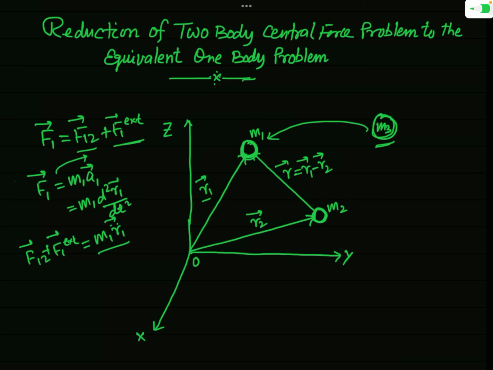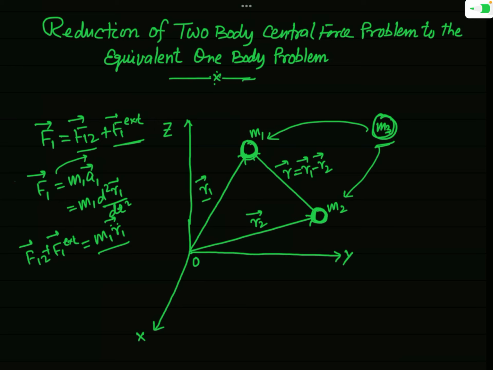When we consider the motion of M2, it will also experience two forces. The first force will be due to M1 and another will be due to M3. M3 is the outside force. So it will also experience an internal force. We will denote that internal force by the symbol F21, and the external force exerted by M3 on this M2 will be denoted by F2 external.